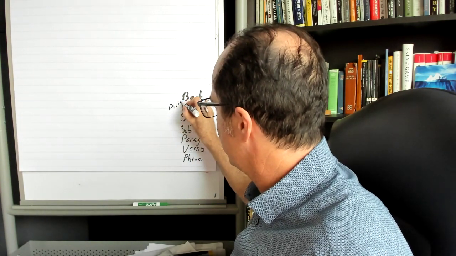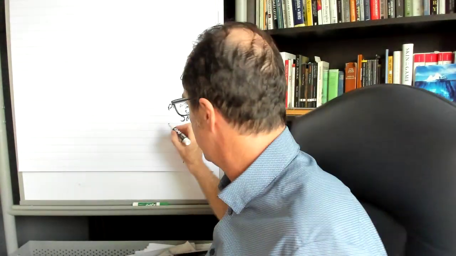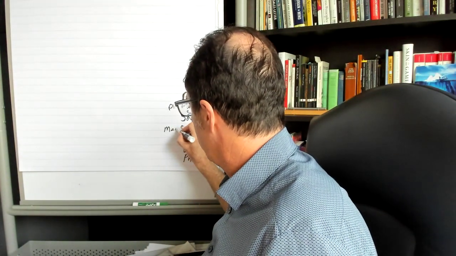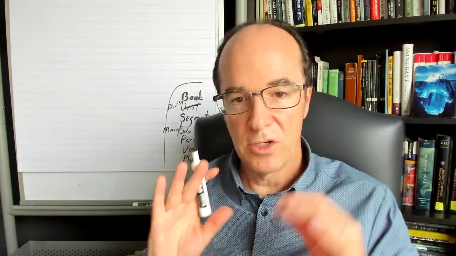And this should be division here. Sorry about that. It's the idea that you divide a book into divisions. You have segments, and then there's main units and subunits. So notice that there's layers, right? So here's the key thing. When you do a survey, when you're looking for major structures, you're interested in whatever the unit that you're working on.